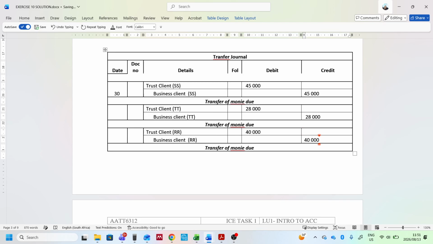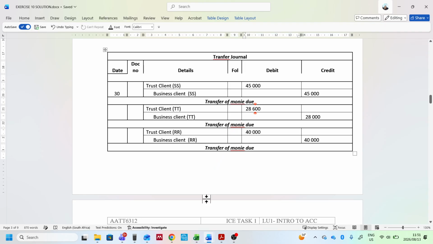So on this particular account, you're only recording the money that you took from the client's account to the business account. Yes? It's 28,600. Is it correct?